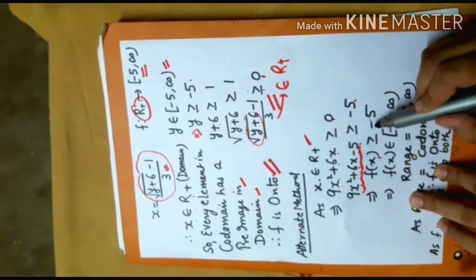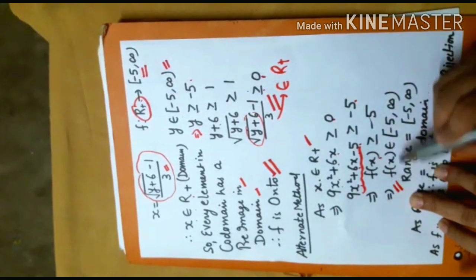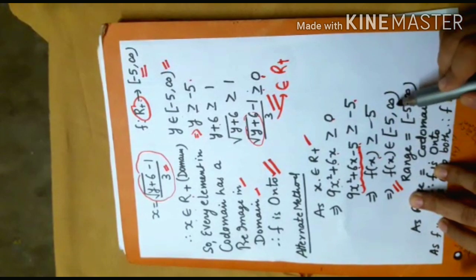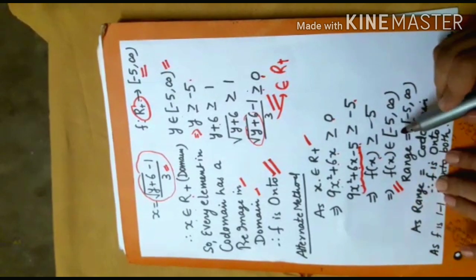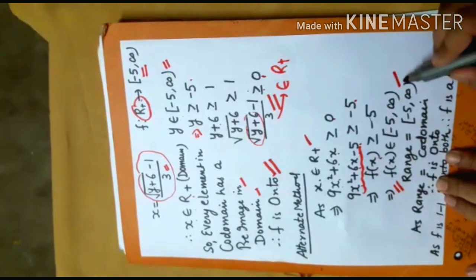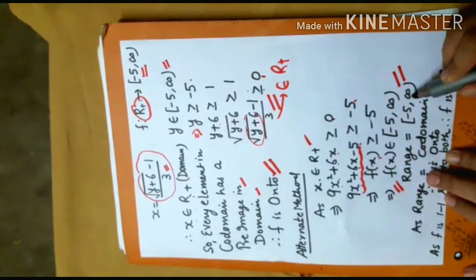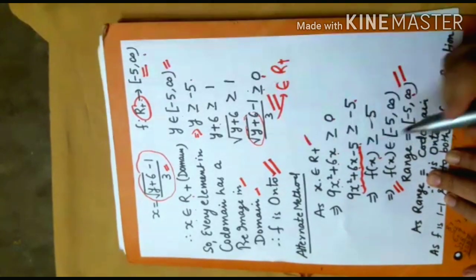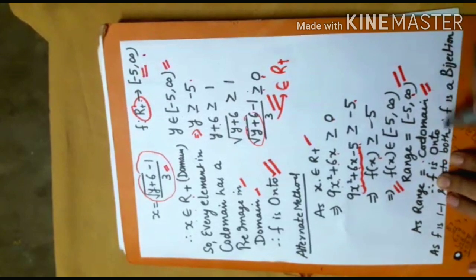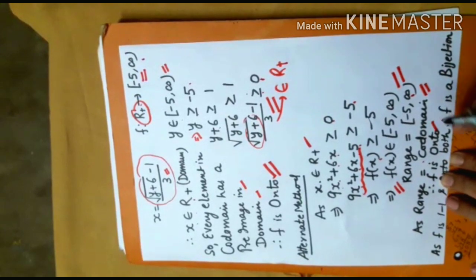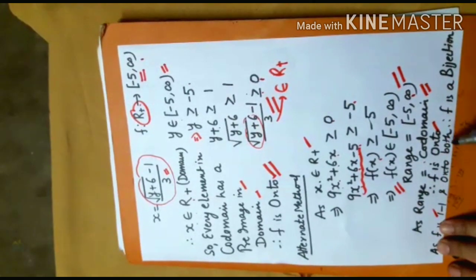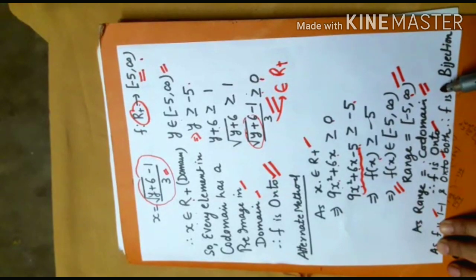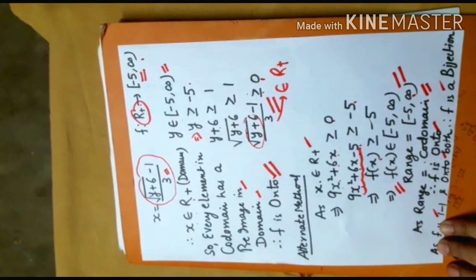So f(x) is greater than or equal to minus 5. This implies f(x) belongs to minus 5 to infinity, closed at minus 5. This means that the range is equal to this set, and this is your codomain. So when range is equal to codomain, the function is onto. So as f is both one-to-one and onto, therefore f is a bijection.